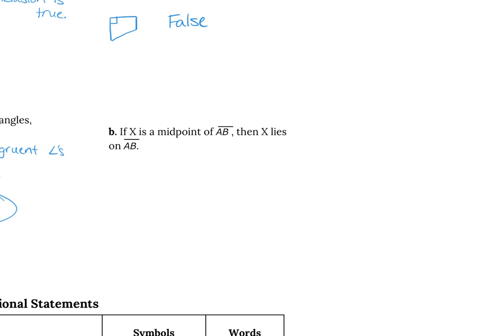Well, if I draw line segment AB, and they're telling me that X is the midpoint, and it's in the very middle, that's creating two congruent sides. Our hypothesis is true, X is the midpoint, and our conclusion is true, X lies on AB. So this one would be true. We have a truth value of true.